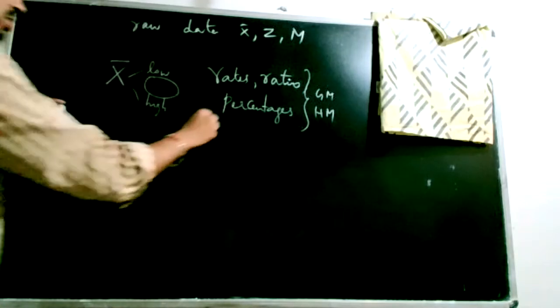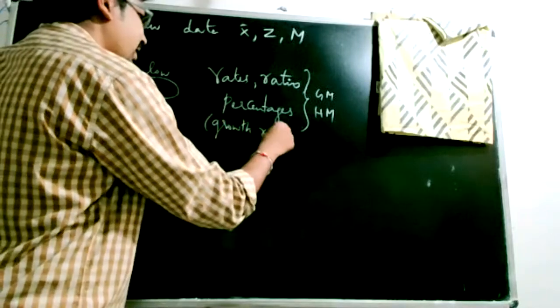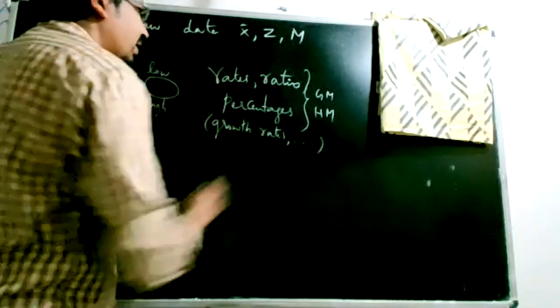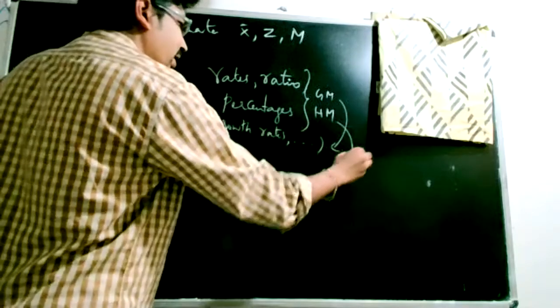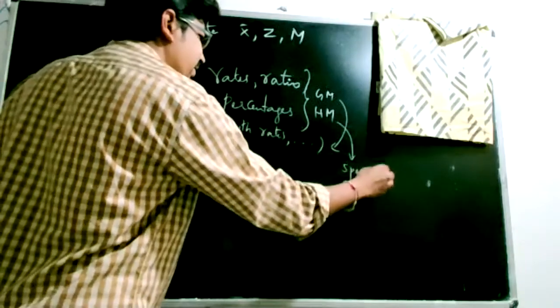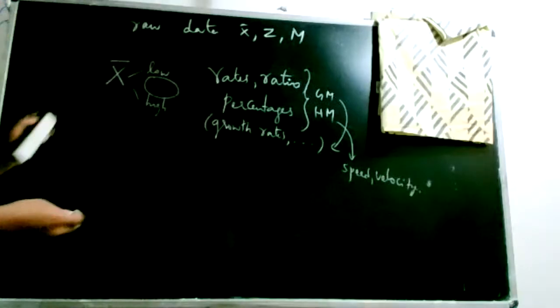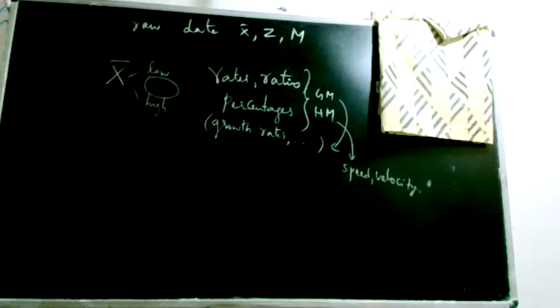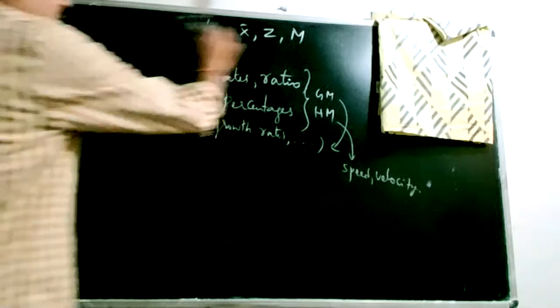If you're talking about growth rates of populations or growth rates of bacteria in the lab, then we use the geometric mean. And if you're talking about data in terms of speed, distance, velocity, we use the harmonic mean, because the formula of average speed becomes the same as the formula of harmonic mean. So in these cases, we'll be using those measures.